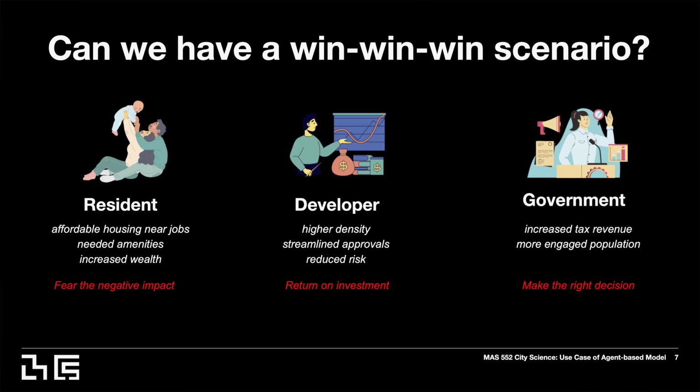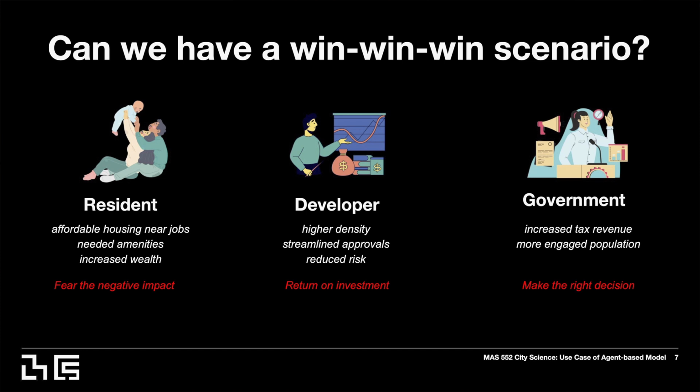The residents might want more affordable housing near jobs, amenities within walkable distance, and increased wealth. But they also have their own concerns, like many residents may resist change. They fear the negative impact of newly developed projects in their neighborhood.